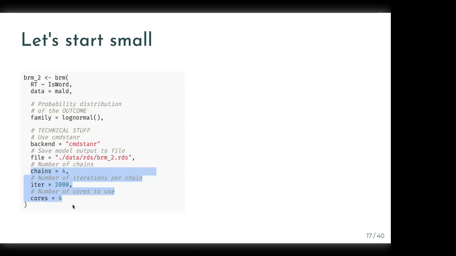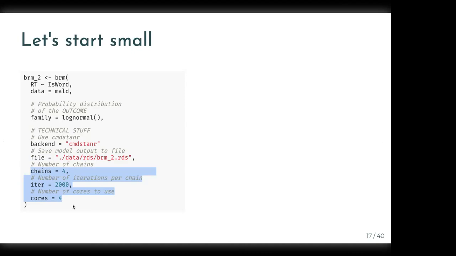I was saying that there are simulations or sampling being done by the model, and you have a lot of iterations. By default, there are 2,000 iterations, meaning that the data is sampled 2,000 times. And these 2,000 iterations are done in 4 chains, so basically you have 2,000 iterations times 4.